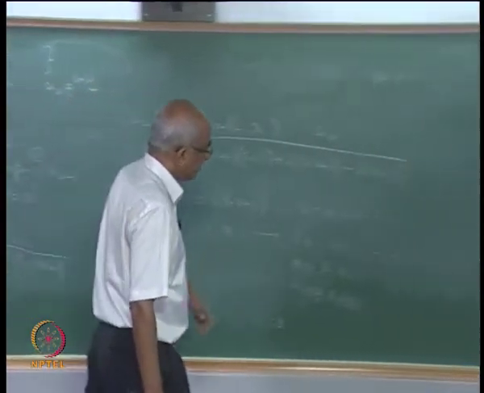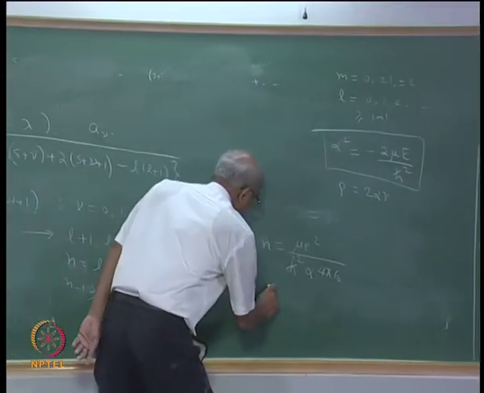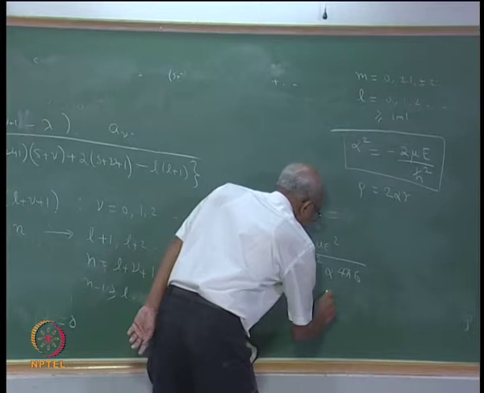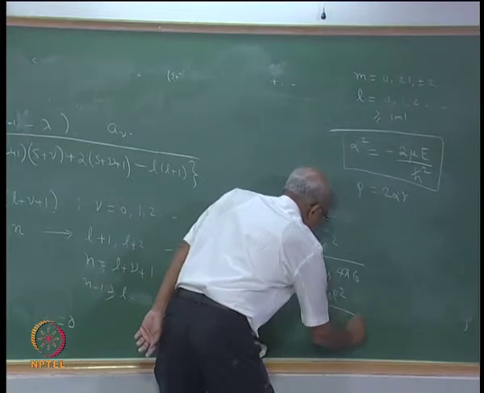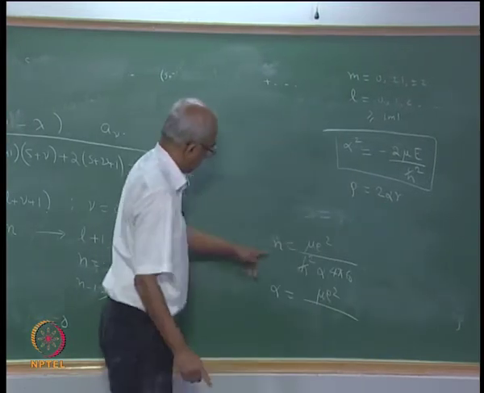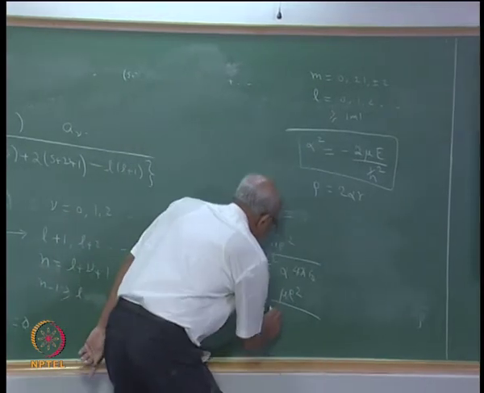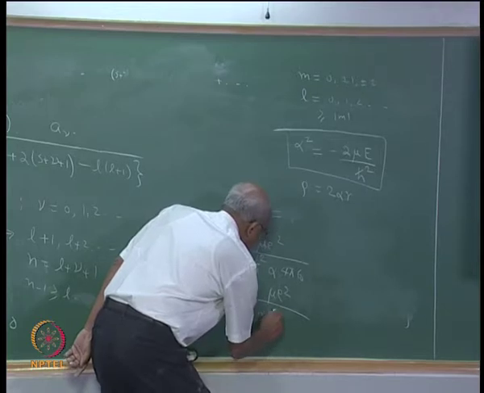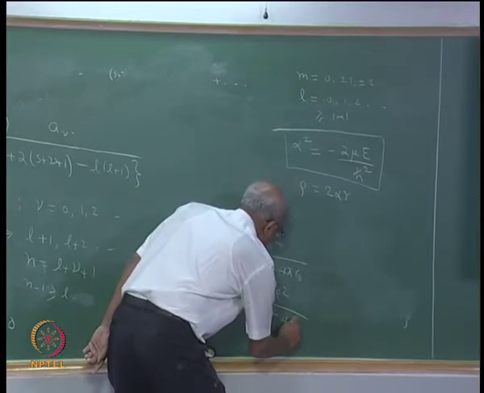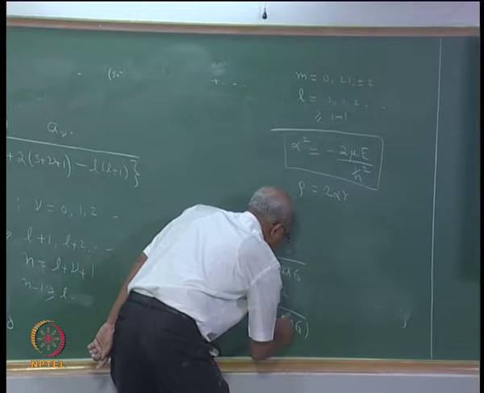And therefore, what will happen? You are led to the conclusion that alpha must be equal to mu e square divided by n h cross square 4 pi epsilon 0. You take alpha here, n on to the other side.